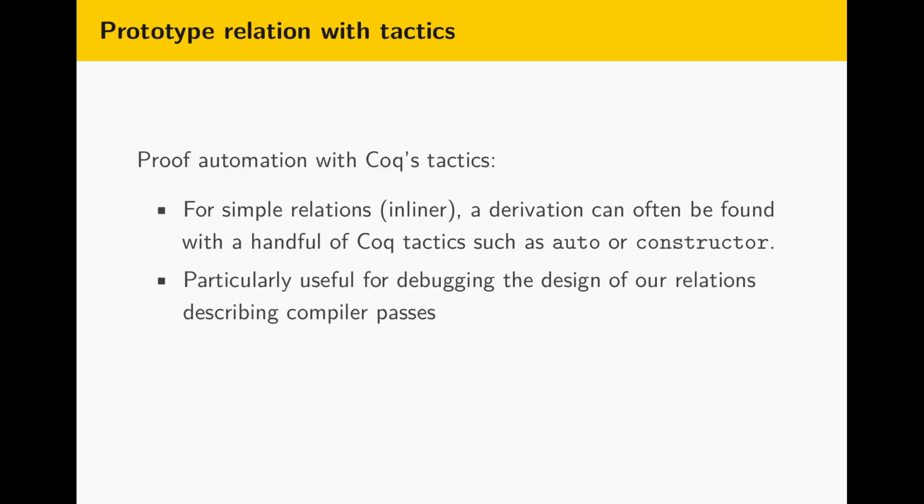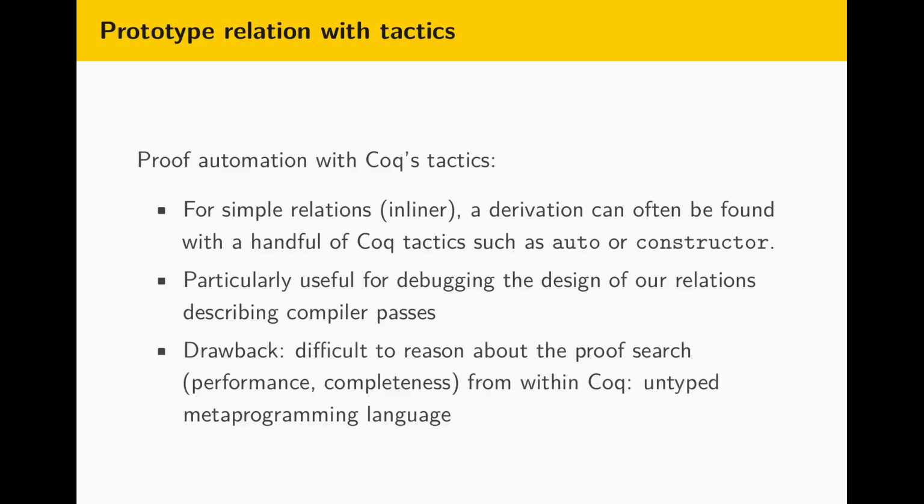We also find that this is useful for debugging the design of the translation relation. However, there's a drawback that it's somewhat difficult to reason about the search that's happening here, as the tactics is a form of metaprogramming in Coq.